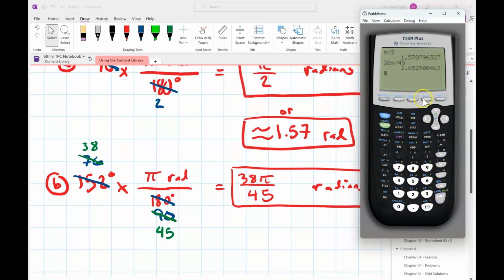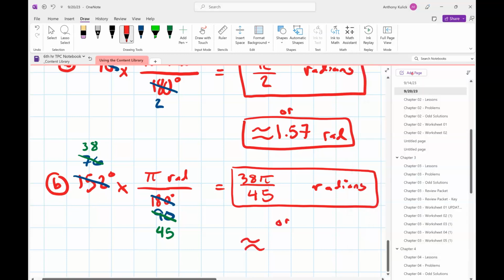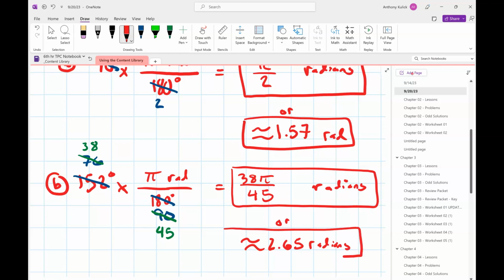Or if you were asked to round your answer to like 2 decimal places, we just type that into the calculator. And you say about 265. Everybody feel good on that?